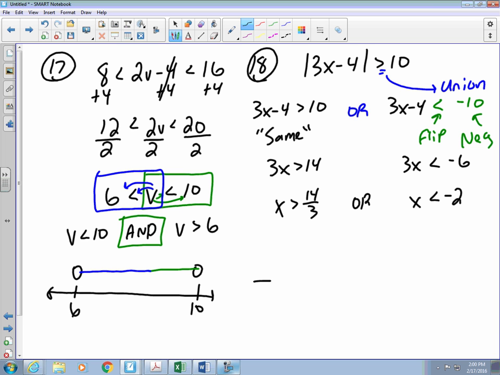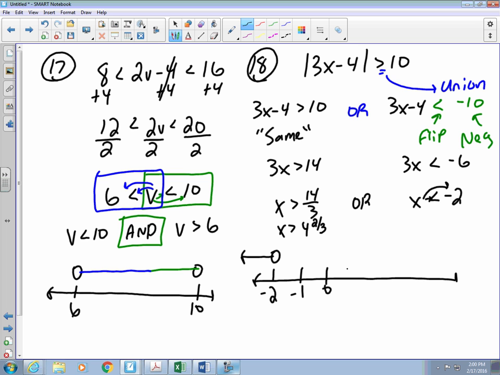So if I read both of these, if this is 0, here's -2, here's -1. Here I'm reading it left to right. I come to the point first, less than -2, so it's open because it doesn't have an equal to. So less than -2 is that way. 14 thirds: 3 goes into 14 4 times, because 4 times 3 is 12, so you have 2 remaining.